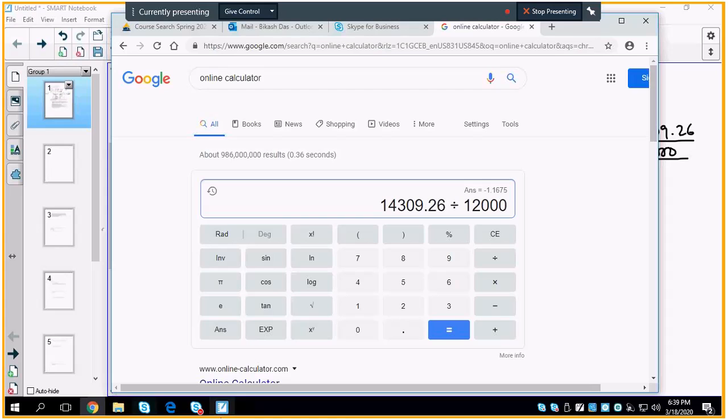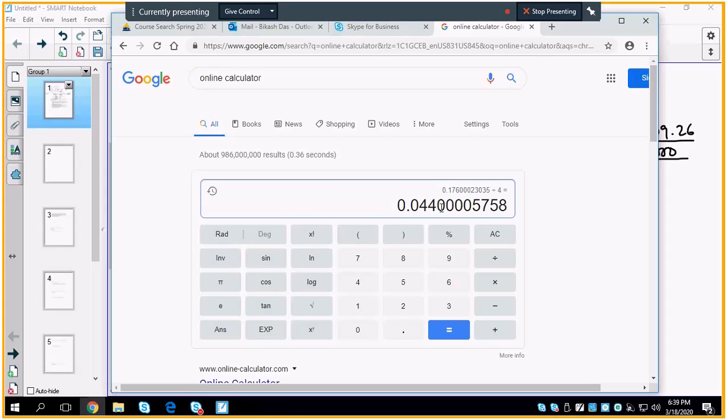So this is the number I'm going to get. And I will take the natural log of this number. So natural log of the answer, and that's going to be this number. And remember, I'm going to divide this entire quantity by 4. And then I'm going to multiply this by 100. So my r is found.